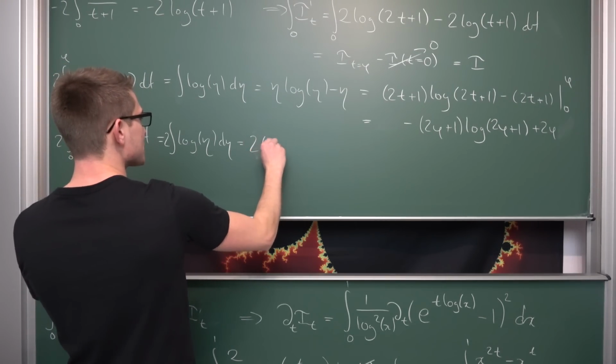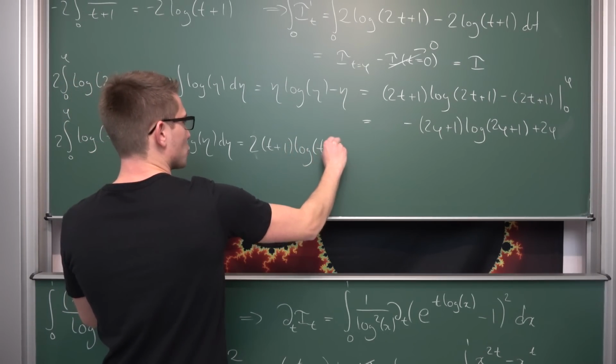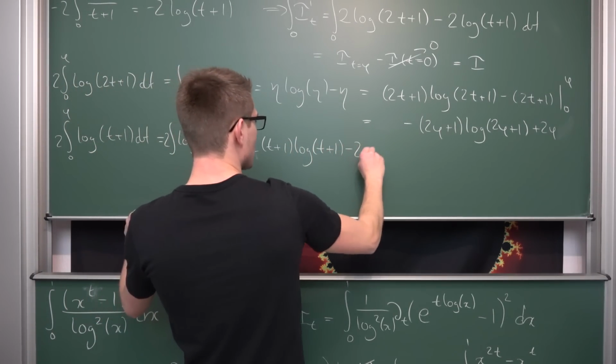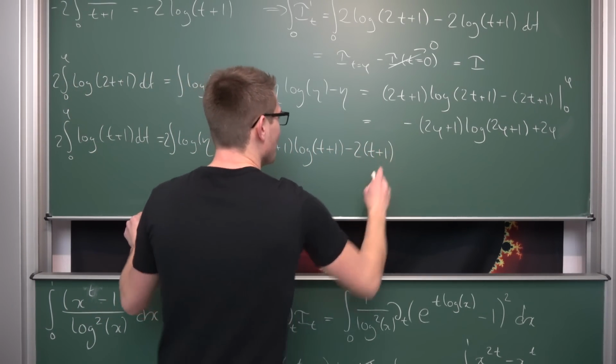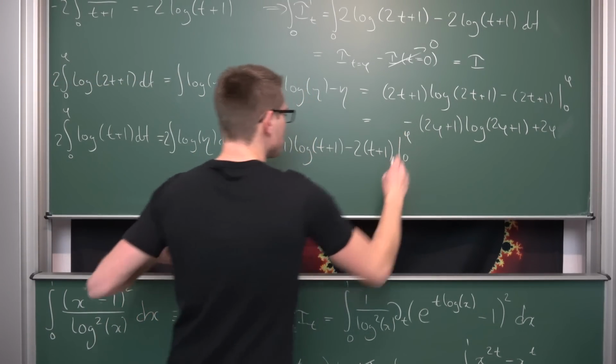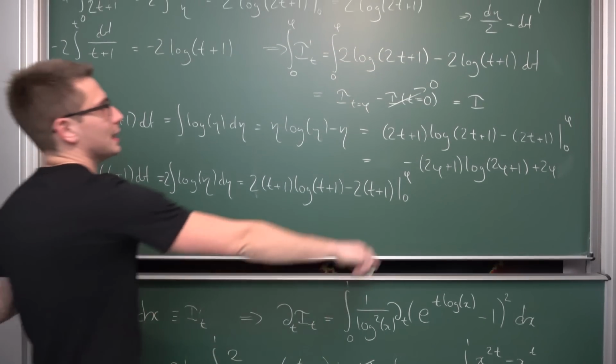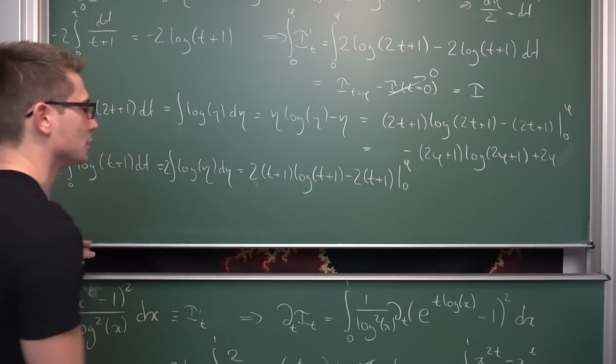So 2 times t plus 1 log of t plus 1 minus 2 times t plus 1, evaluated from 0 to phi.